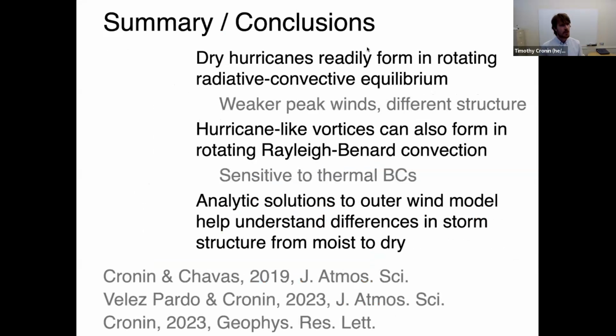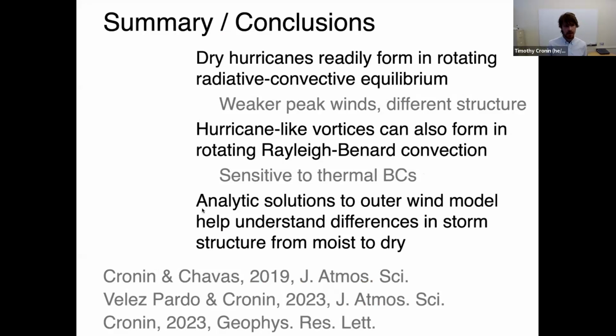Overall, we found that dry hurricanes readily form in rotating radiative convective equilibrium. They have weaker peak winds and a different structure than we expect from regular moist storms. And we found that hurricane-like vortexes can also form in rotating Rayleigh-Benard convection, but it's sensitive to thermal boundary conditions and seems to require some tweaking to give an enhanced flux due to increased flow speeds.